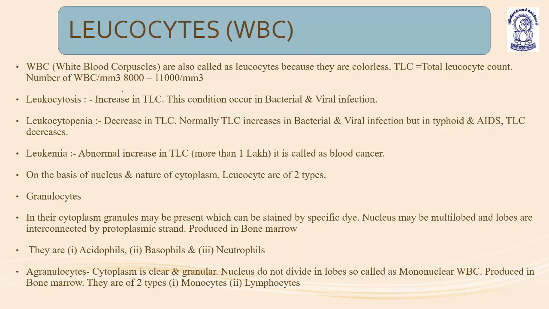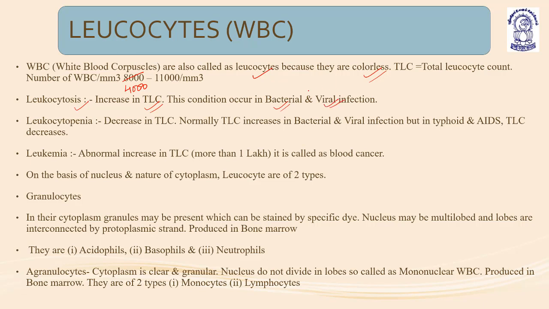White blood corpuscles are also called leukocytes because they are colorless. TLC, the total leukocyte count, is 4,000 to 11,000, not 8,000. Leukocytosis is an increase in the total leukocyte count, seen in bacterial or viral infection.